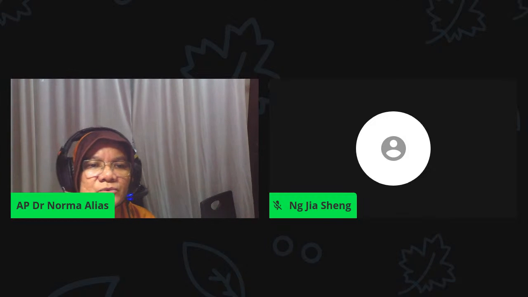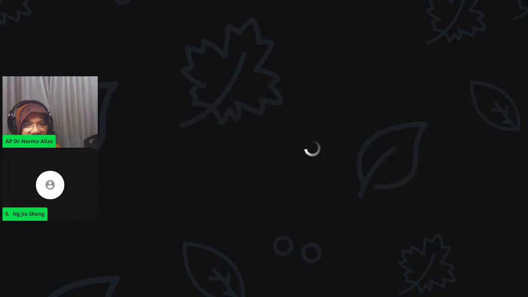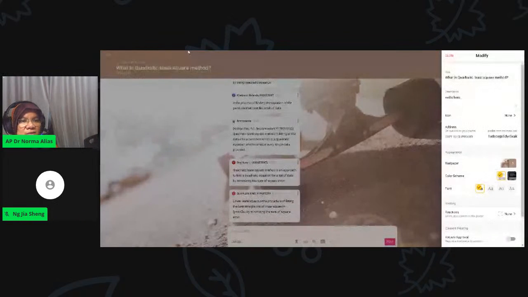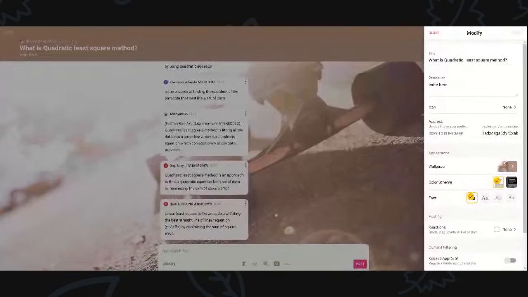What is the quadratic least square method? Now I'm sharing with you, let's focus here. Calvano Rolanda said that it's a process of finding the equation of the parabola as the best fit of a set of data.